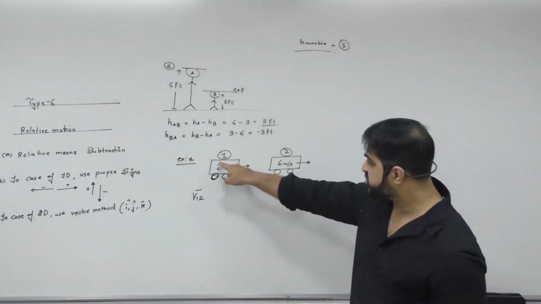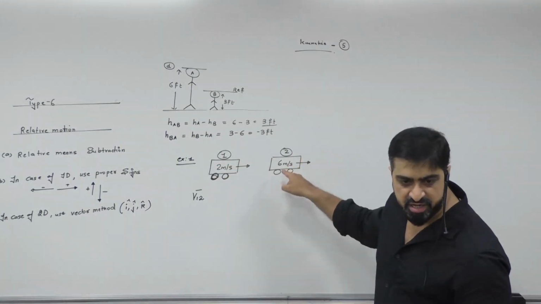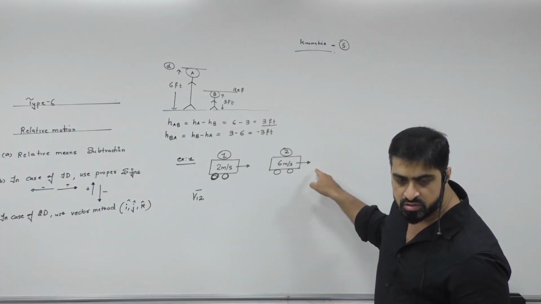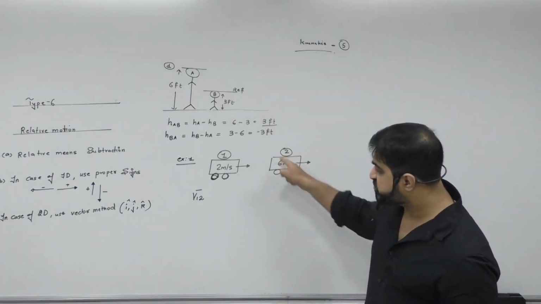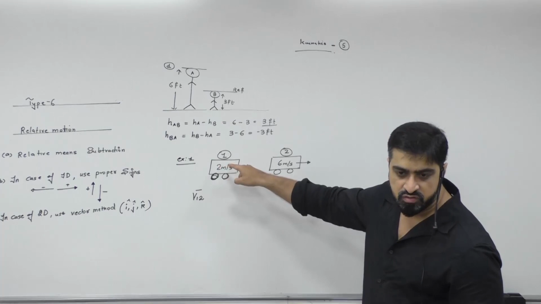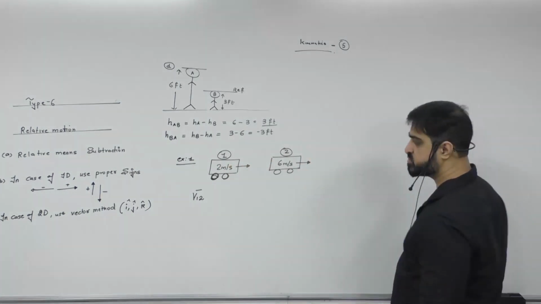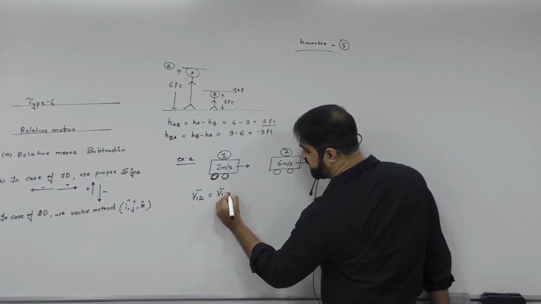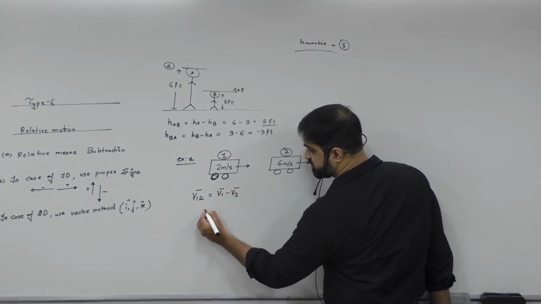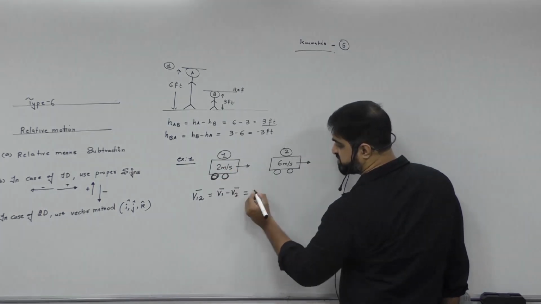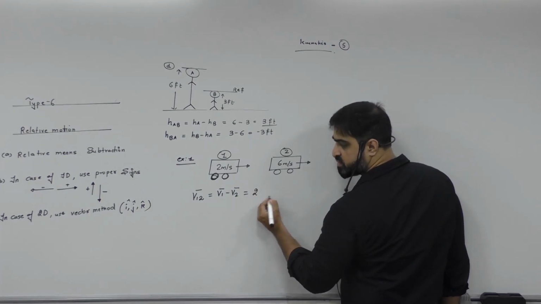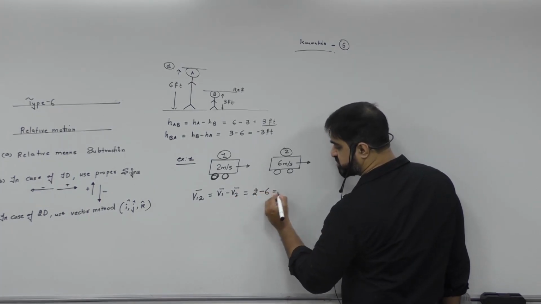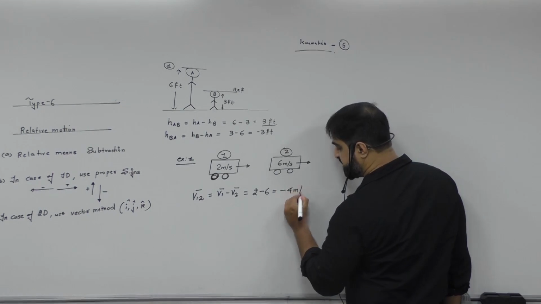So this speed is with respect to ground, this speed is with respect to ground. But they have asked you velocity of 1 with respect to 2. Now relative means subtraction, it will be V1 bar minus V2 bar. What is V1 bar? 2 meters per second. What is V2 bar? 6 meters per second. It will become minus 4 meter per second.